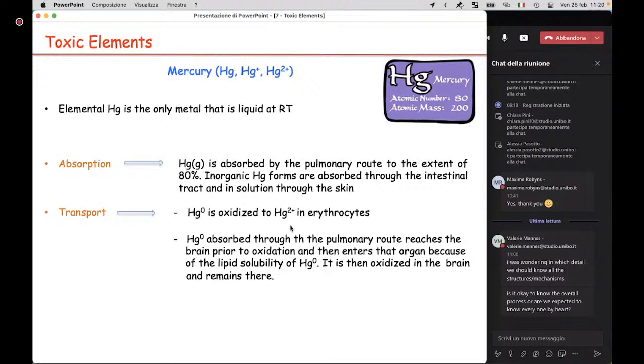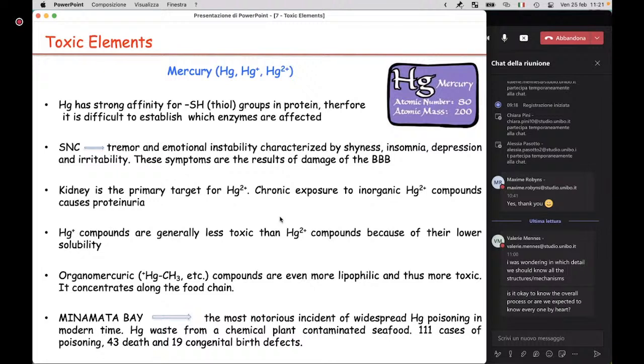You remember bioactivation: by oxidation it is transformed into its cationic form, which is the true toxic element. The mercury cation reacts mainly with thiol groups, so SH groups, and those groups are very frequent in many proteins, so it can disrupt a lot of different functions in the body.